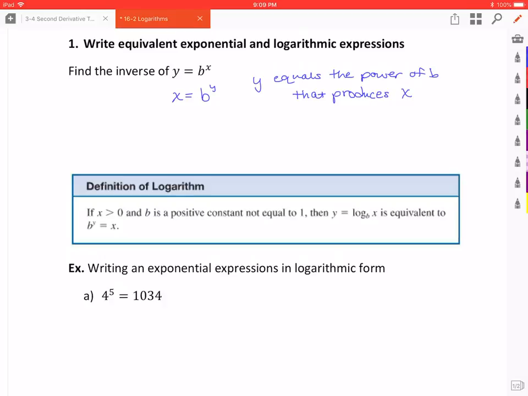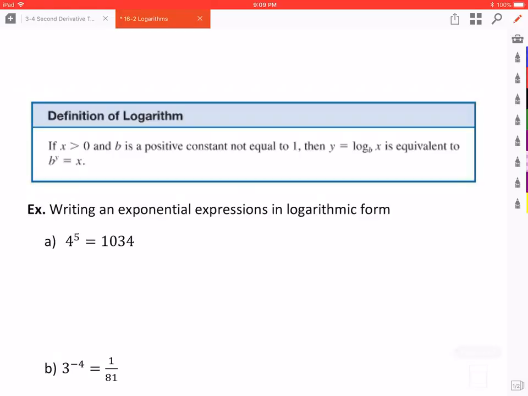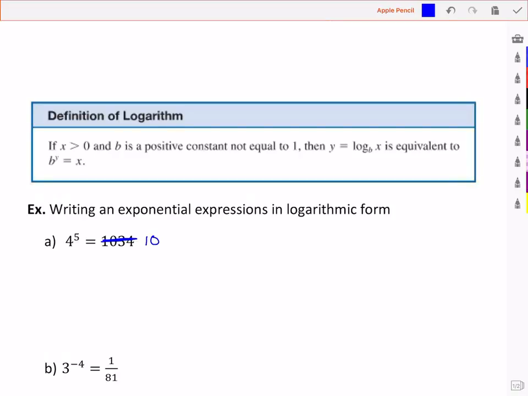So the first thing we need to figure out how to do is write the exponential expression in logarithmic form. So here we have 4 to the 5th is equal to, well, that's a typo, 4 to the 5th is equal to 1,024. In order to write that in logarithmic form, I'm going to say that my 4 there is the b, the 5 is y, and the x is the 1,024.